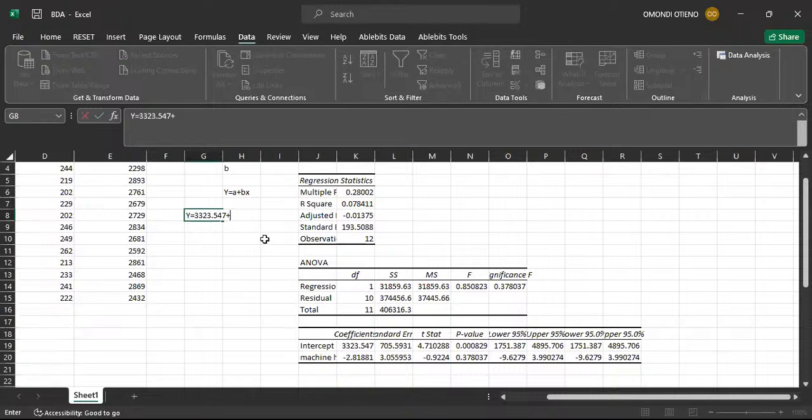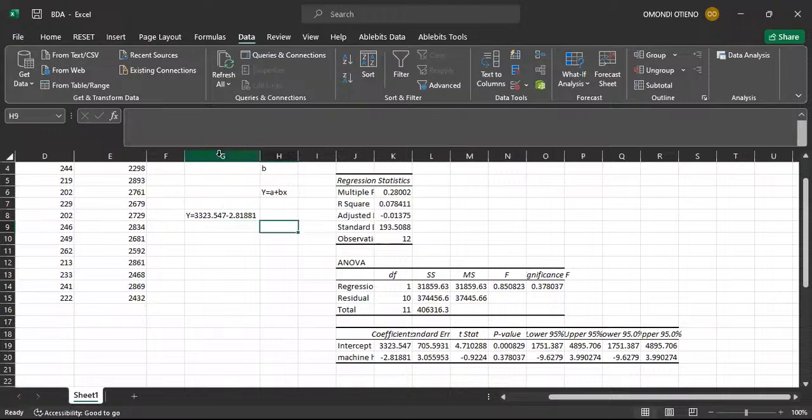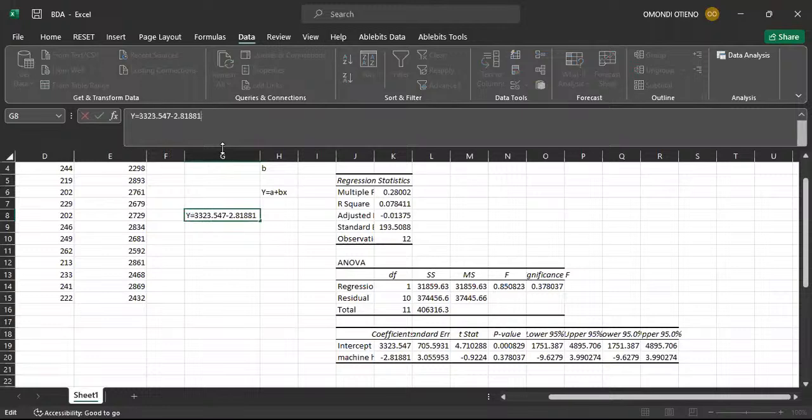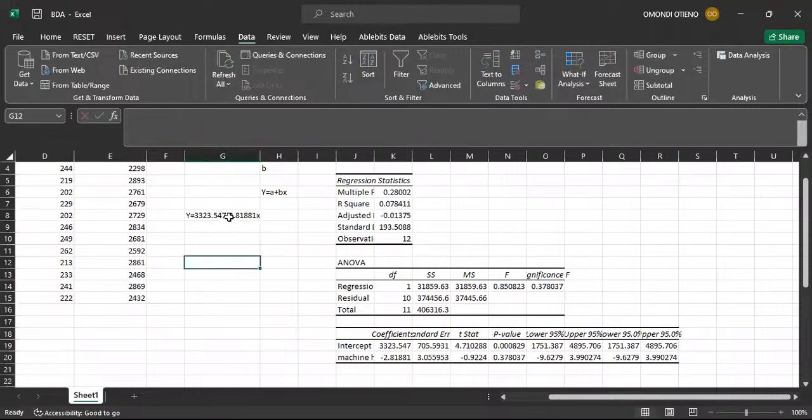B is now here, minus 2.81881. So that's our cost function. I can see Oronyo has also posted what he or she has calculated as the cost function.